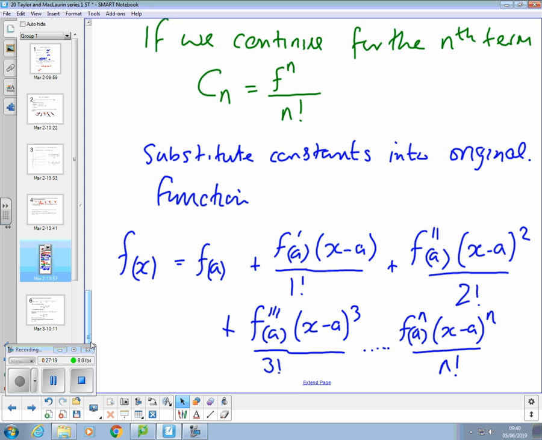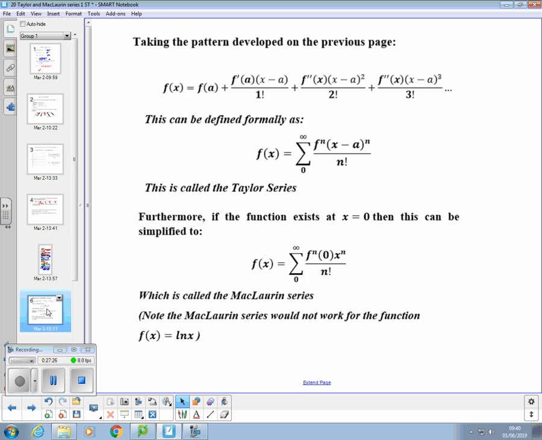That's the full pattern for our power series. If we move on to the next slide, this symbol here means the sum of all, with n being between 0 and infinity.